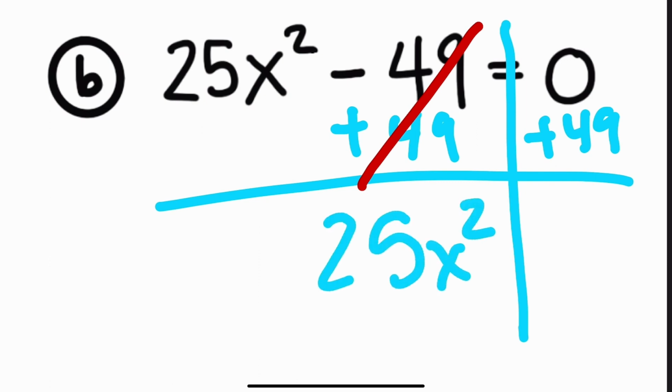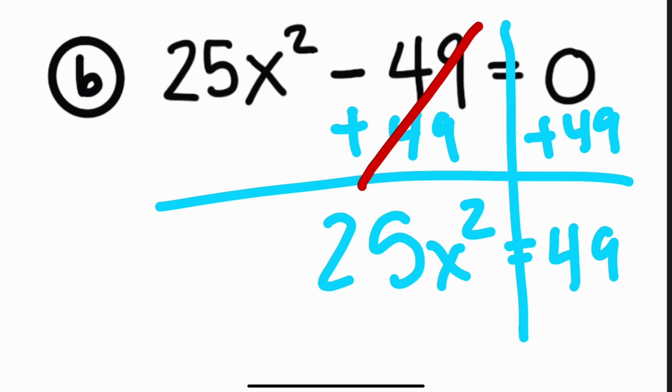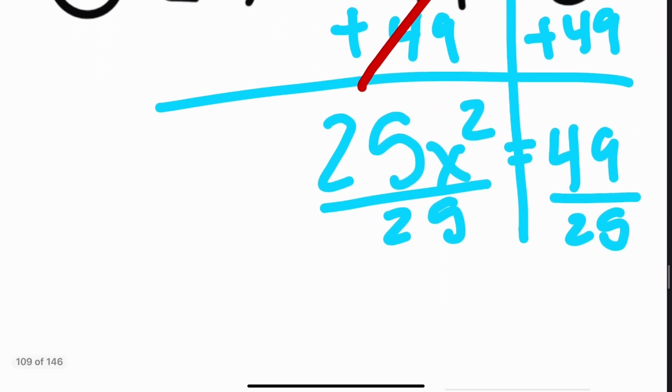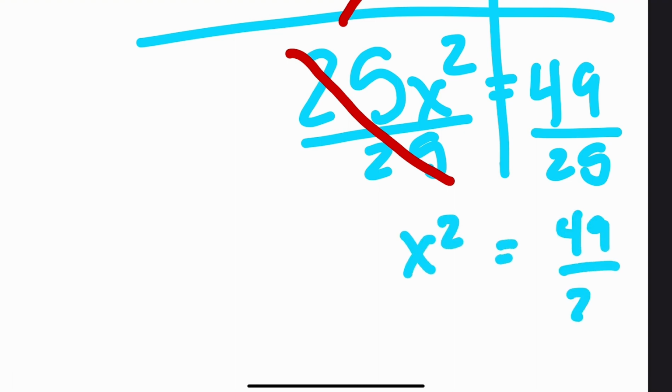I got 25x squared equals 0 plus 49, which is 49. And then I'm looking at this 25 because I still don't have that x squared by itself yet. So I'm going to say divide by 25 on both sides. When I do that, these two will cancel out. So then I'm left with x squared equals 49 over 25.